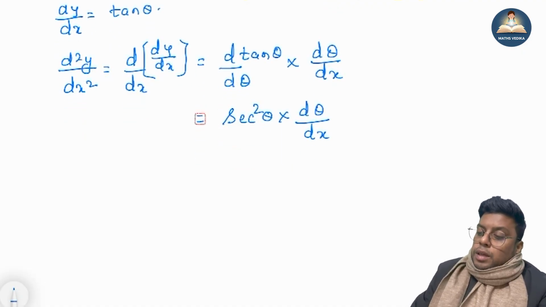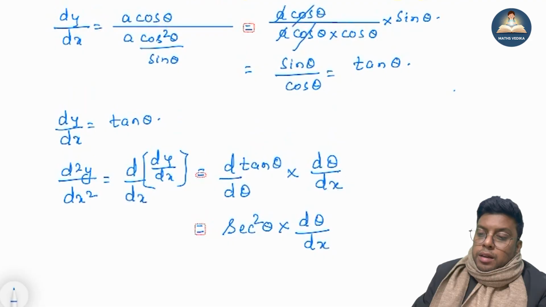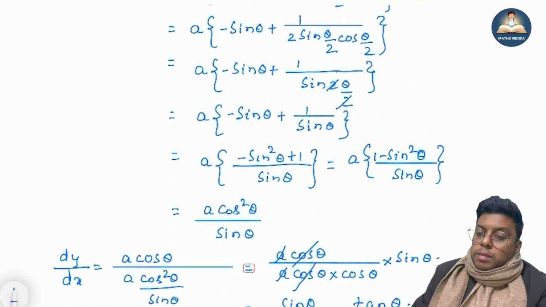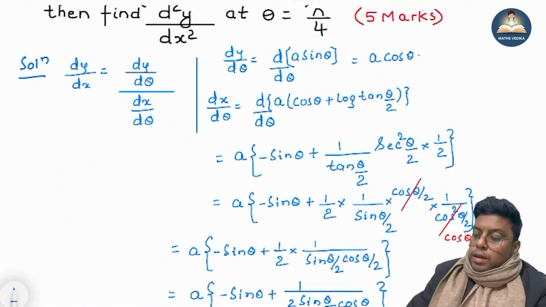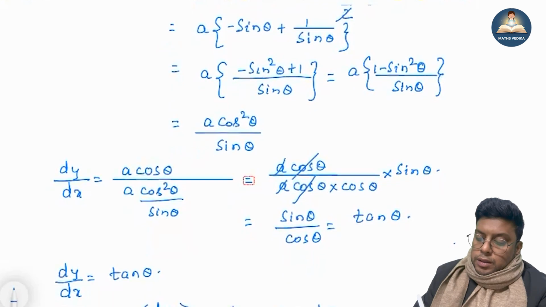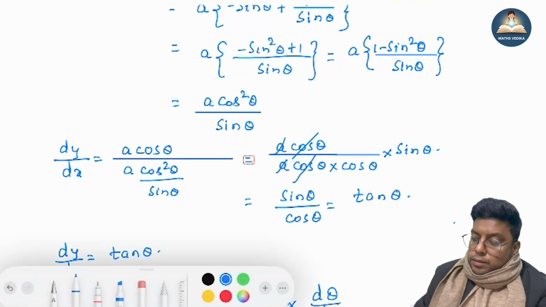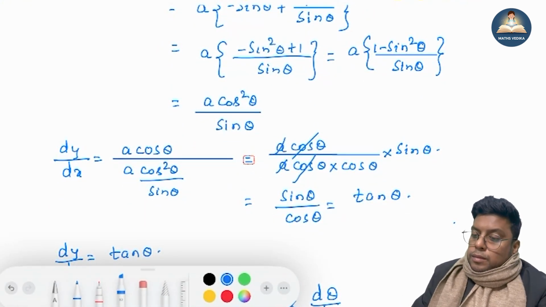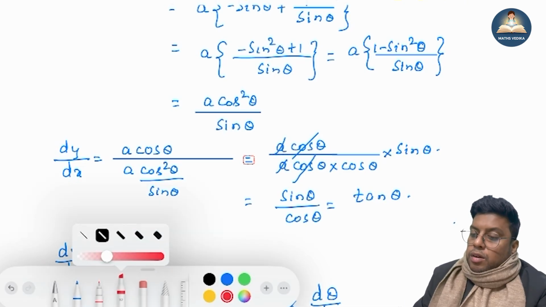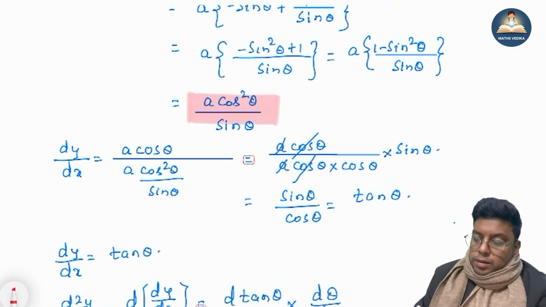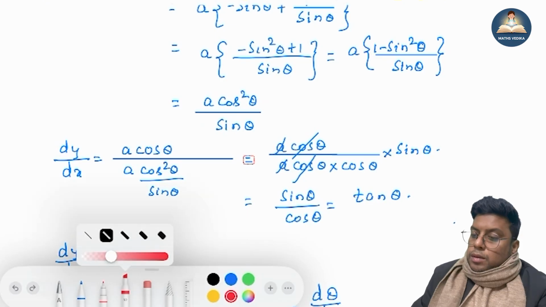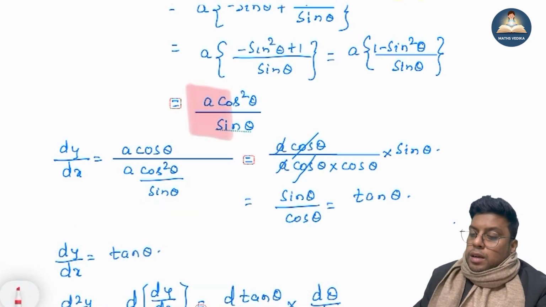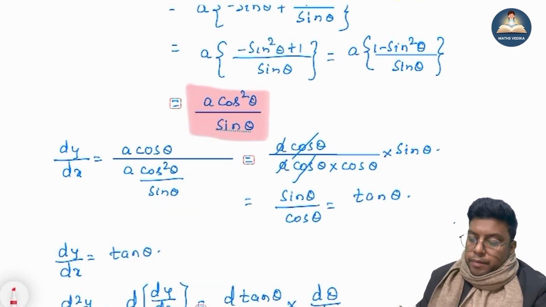Now for the value of d theta by dx, here we have dx by d theta, whose value is a cos square theta by sin theta.